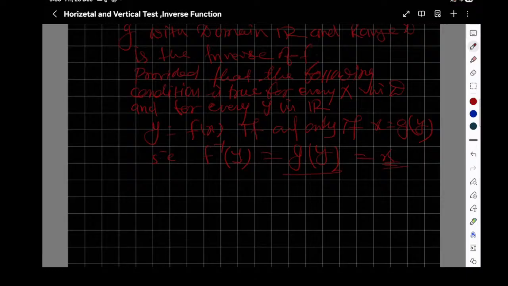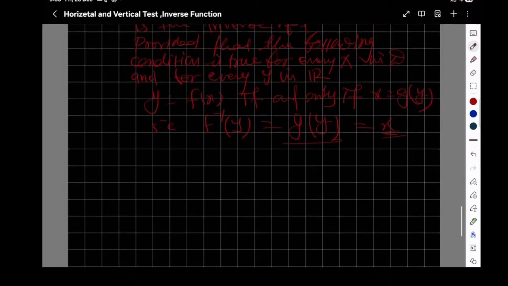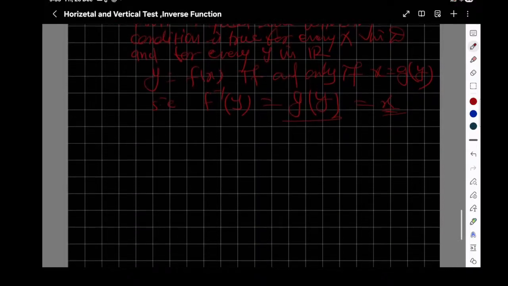The horizontal line test and the vertical line test are very important, because through the graph we can visualize whether the function is one to one. If the graph intersects a line at most one point in its domain, then the function is one to one and the inverse exists.